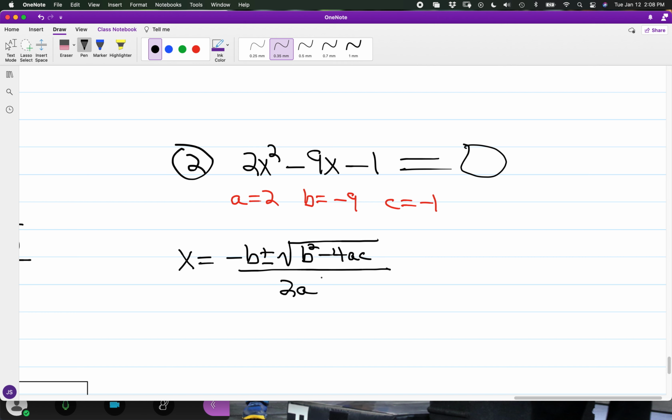Now, utilizing the quadratic formula, this is where you have to be careful, especially when you have negative signs. b is negative 9, and in the formula we're looking at the negative of b, so the opposite sign of negative 9.